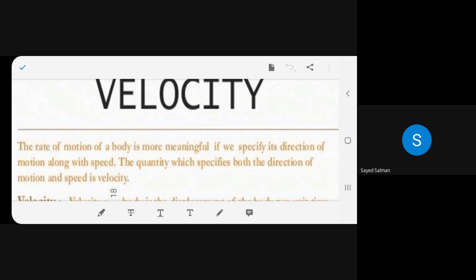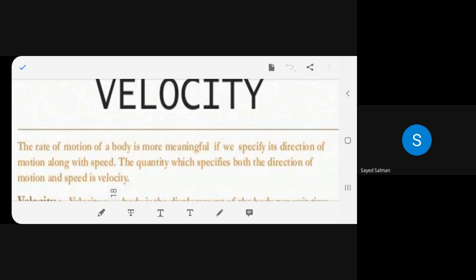So velocity is showing both the direction of motion and also the speed. Velocity is speed with direction.